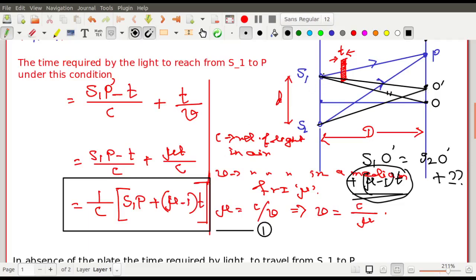Take a scale and measure it. So this has become smaller in size, but S2 to O dash has become greater in size, and this smallness and greatness, এই যে ছোট বড় হচ্ছে, is being balanced by this particular term. এইটাই তো ব্যালেন্স করে দিয়েছে, this has been balanced by the path length through this plate. এই প্লেট দিয়ে যাওয়ার সময় এইটা ব্যালেন্স হয়ে গেছে, this smallness and greaterness.